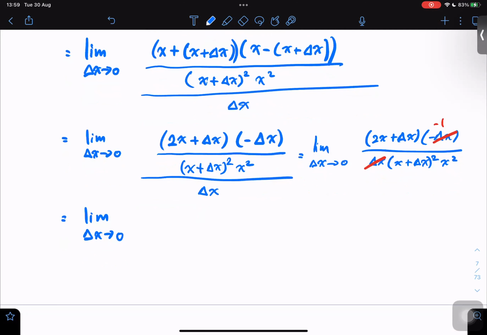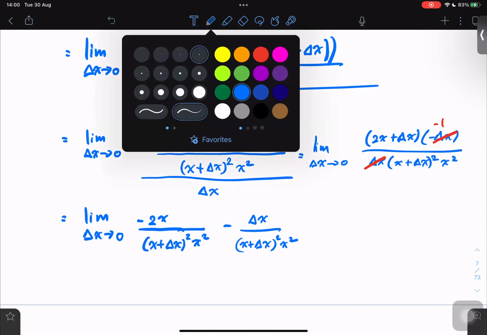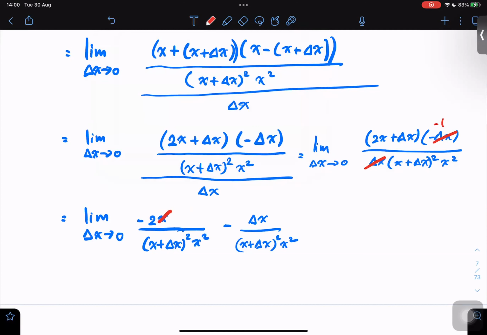So this thing, I will just separate into minus 2x over x plus delta x squared x squared, and another one is delta x over x plus delta x squared x squared. You can cancel this x with this, so you are left with just x.